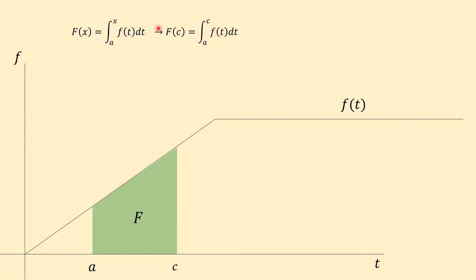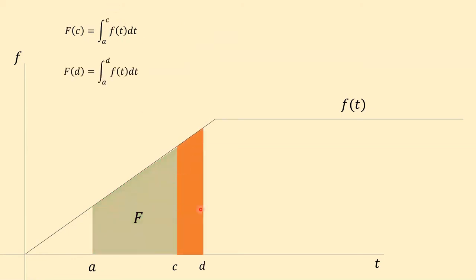And now let's evaluate the area function at some other value of x over here at d. So big F of d, that's the area under the curve f of t from a all the way to d. Right? We're just evaluating big F at two different values of x.